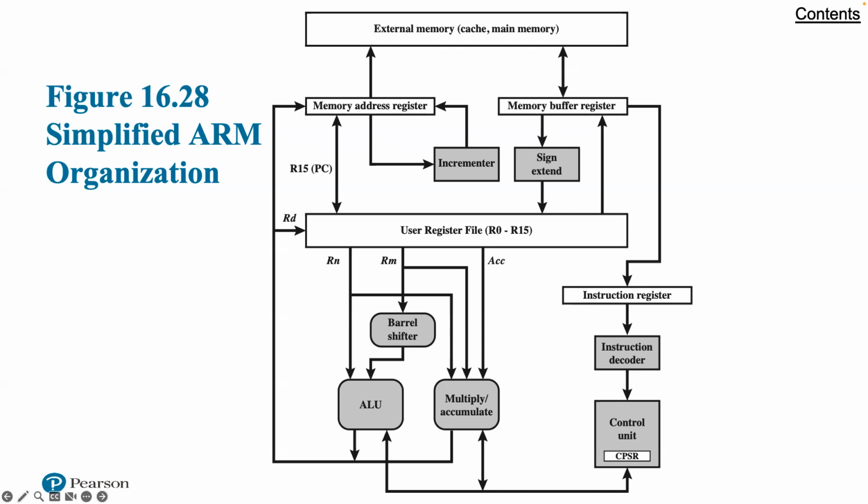However, it is useful for this discussion to present a simplified generic ARM organization, which is illustrated in figure 16.28. The arrows indicate the flow of data. Each box represents a functional hardware unit or a storage unit.